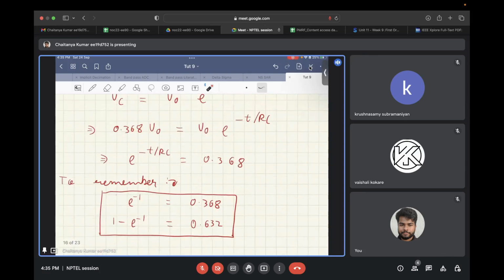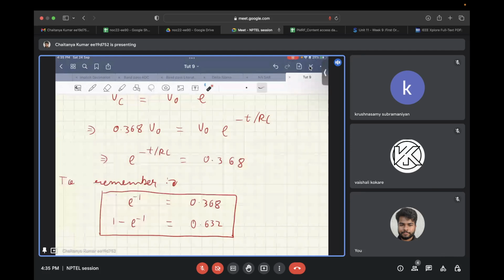While solving first order circuit questions, you can remember these two key values: e to the power minus 1 is equal to 0.368, and 1 minus e to the power minus 1 is equal to 0.632. If you remember these two key values, you can quickly do the calculations for first order circuits.